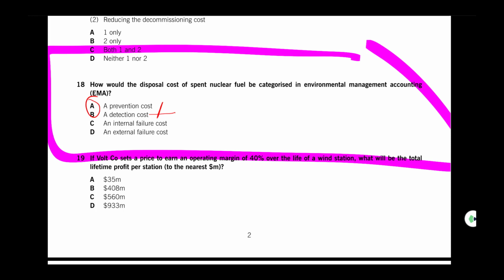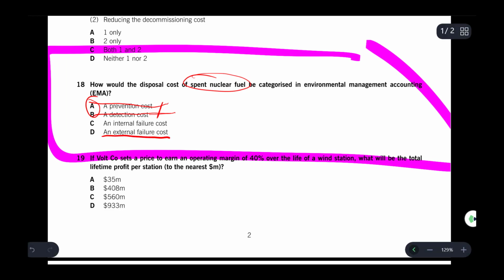So how would the disposal of spent nuclear fuel, guys, that's an output, isn't it? So it's not going to be the prevention cost, and it's nothing about detecting. So I'm liking C and D better. If it's going to be external failure, that would be costs related to some kind of an accidental discharge of radioactive waste, and it might be discovered by external stakeholders of the company, and that might also be something like oil spill cleanup.